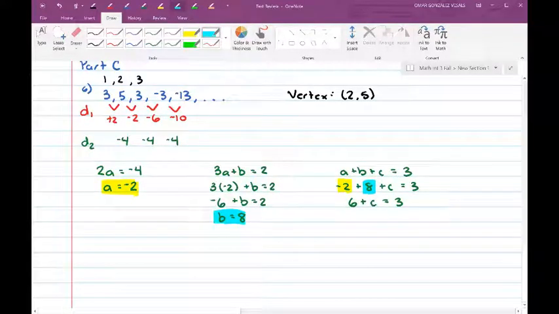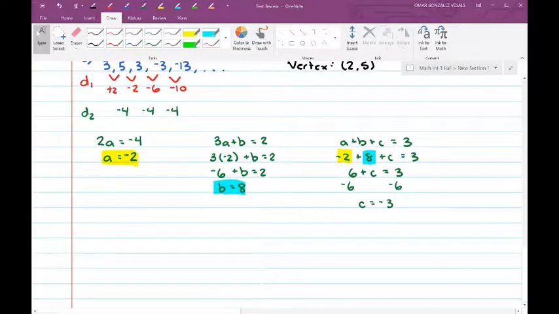Yeah. And then subtract 6 from both sides. And c is negative 3. Again, you guys did pretty well with that. So my nth term, what is it? Okay. So my nth term function is f of x equals negative 2x squared plus 8x minus 3.